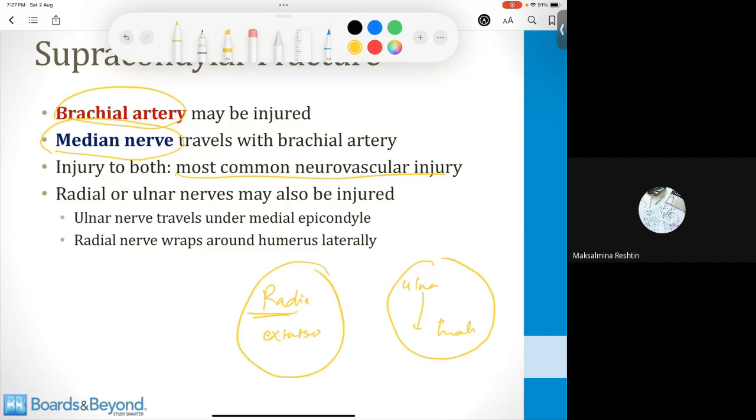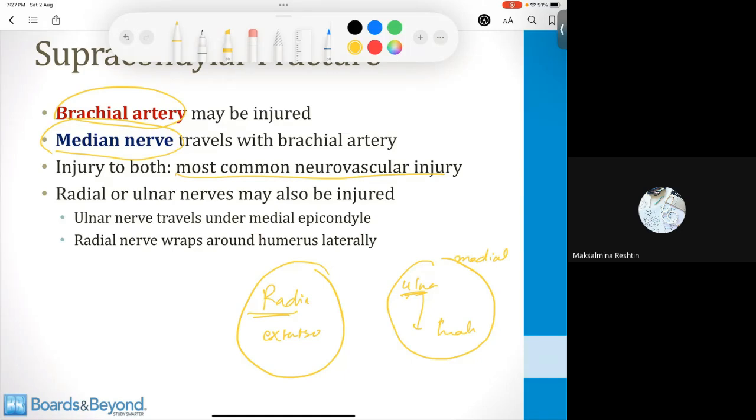Whenever someone is standing in anatomical position, the ulna is present medially, right? We call it the ulnar nerve because it passes over the ulna.